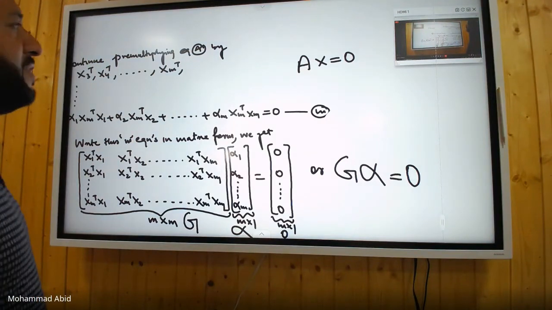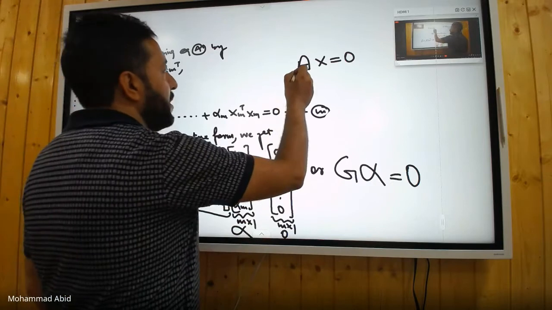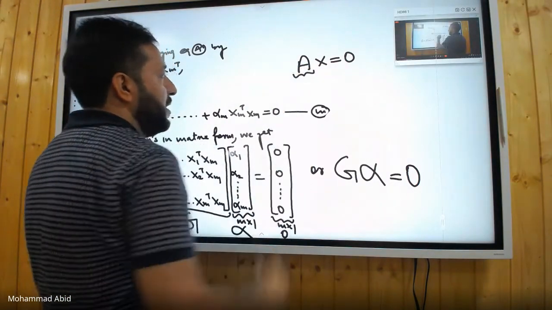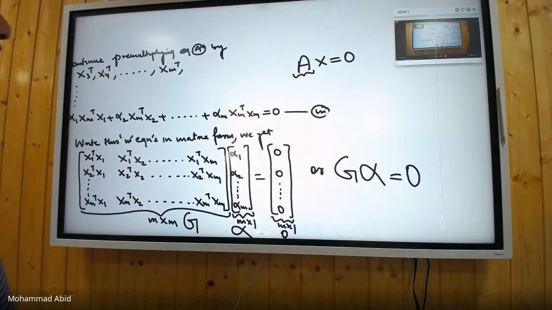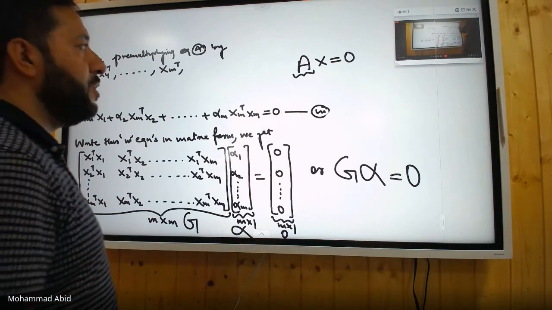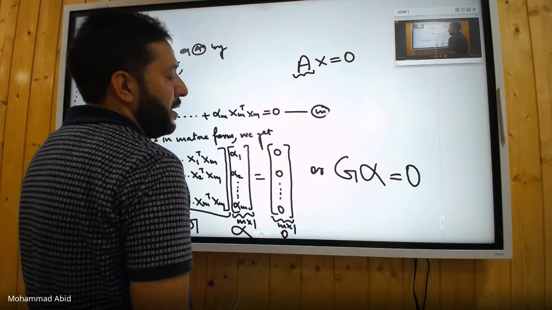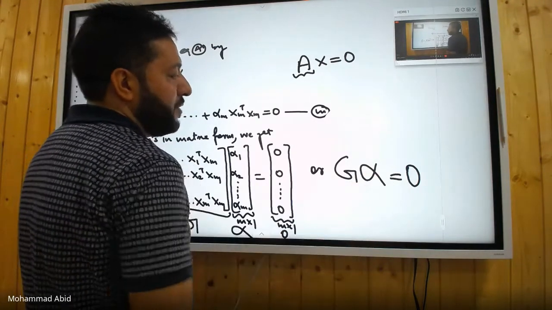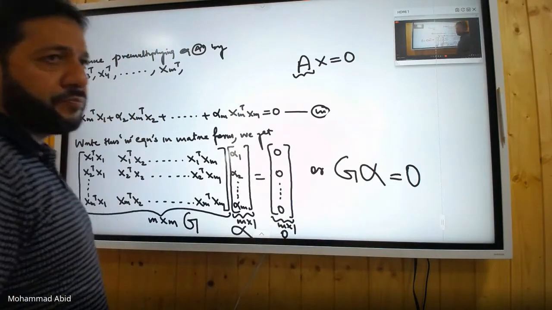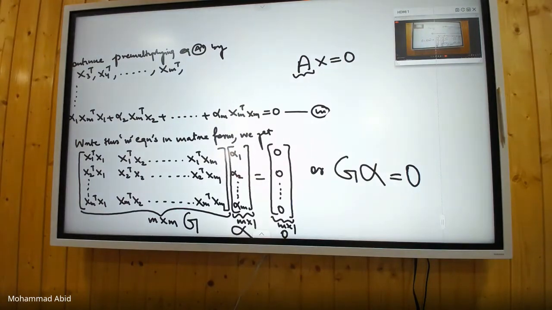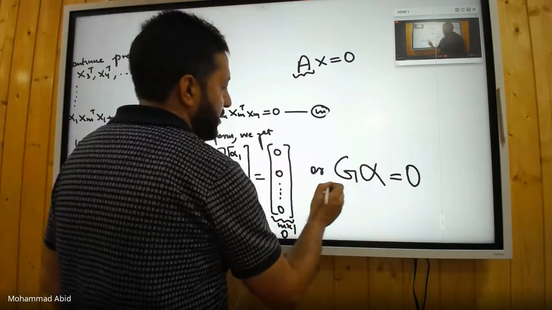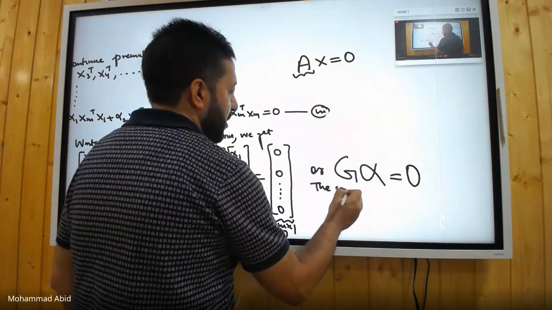Now, the solution of this equation will depend upon the rank of this matrix A. If A is a full rank matrix, that means if determinant of A is non-zero, A is a full rank matrix. In that particular case, the only solution of this equation is alpha is equal to 0. Isn't it? Yes, sir. Okay.